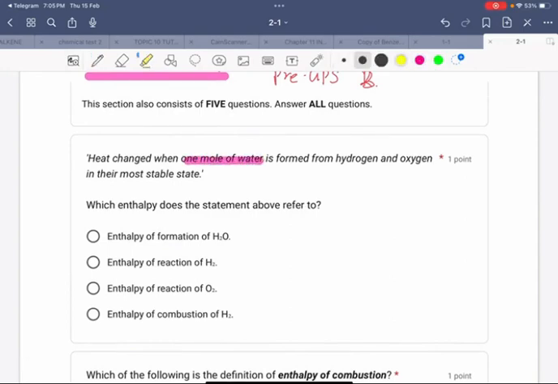The keyword is formed from the hydrogen and oxygen in their most stable state. So hydrogen and oxygen we call elements. So it is formed. So the answer is the enthalpy of formation of water, H2O.